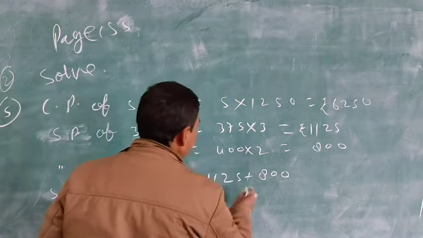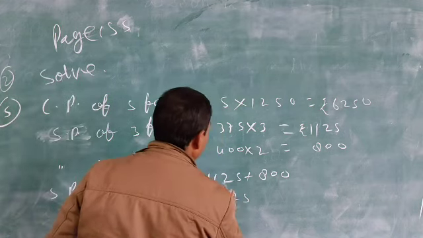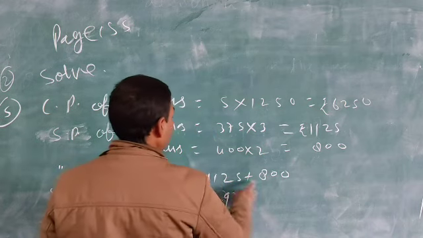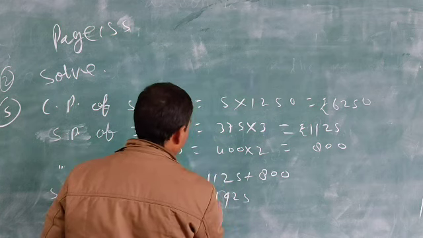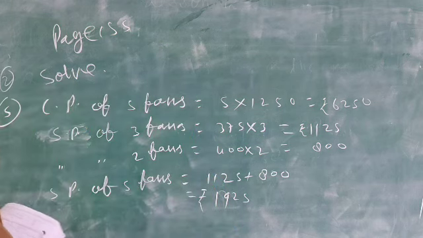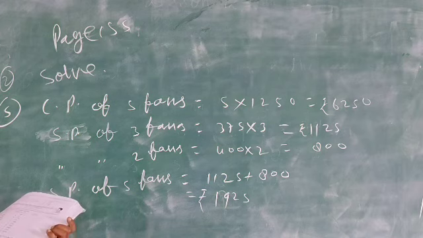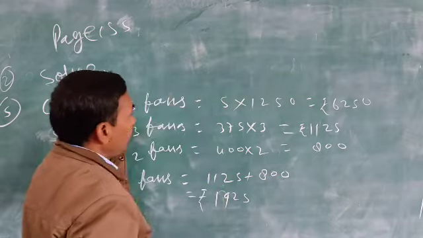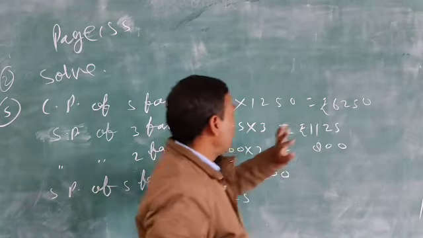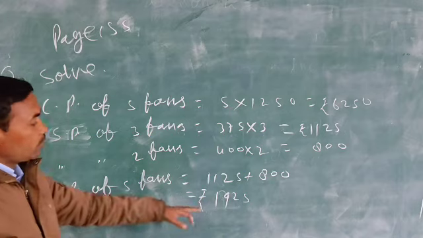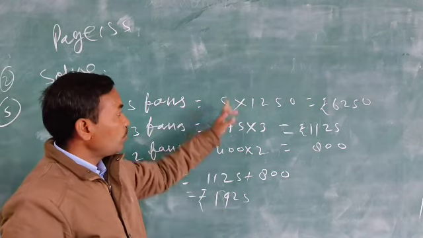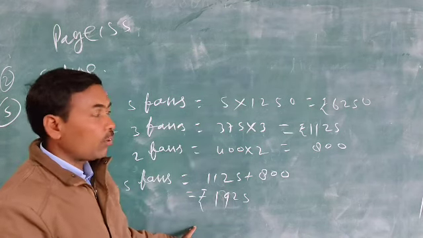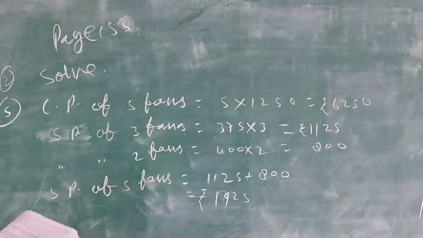Now you add here, giving rupees 1925. So you see the CP of 5 fans is 6250 and the SP of 5 fans is 1925. Selling price is less than cost price, so there will be a loss. So you can find the loss.